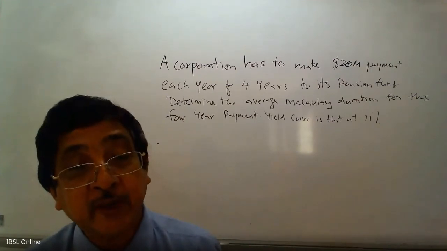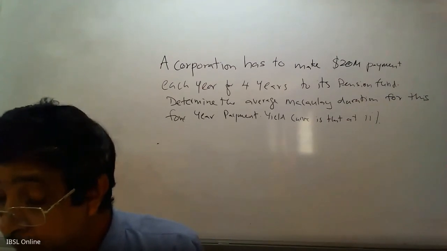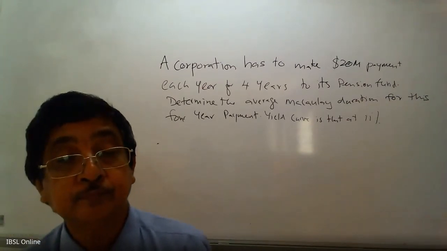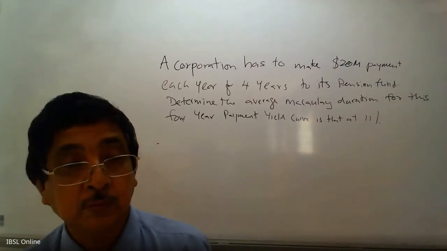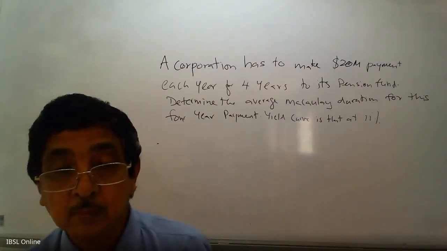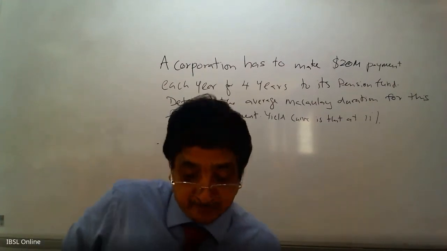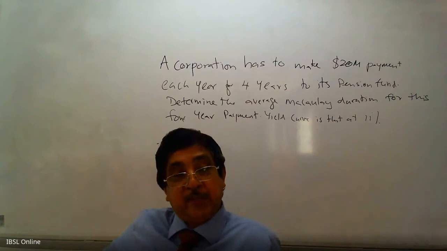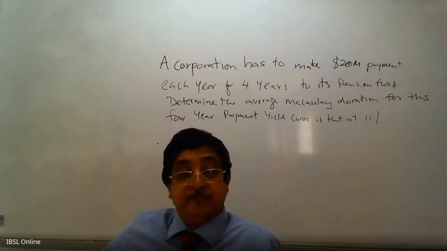I am just trying to show you the way it can be immunized. Now I am referring to the $20 million payments made by the company for 4 years, and our task here is to calculate the duration of those payments.